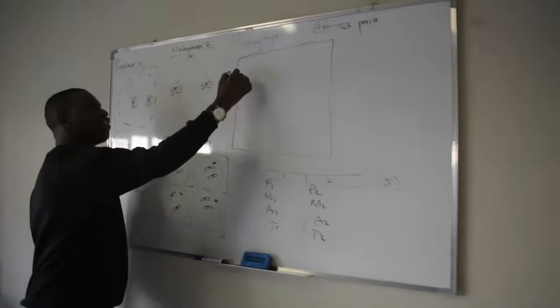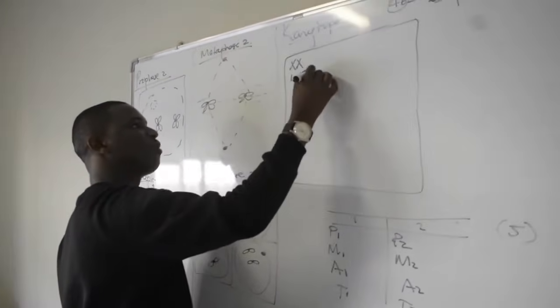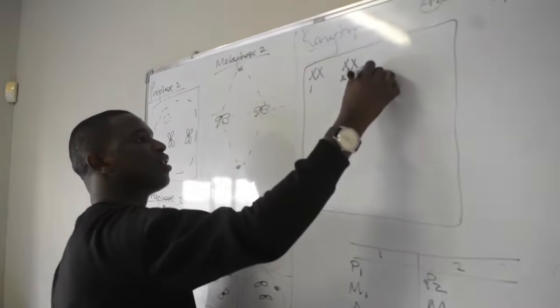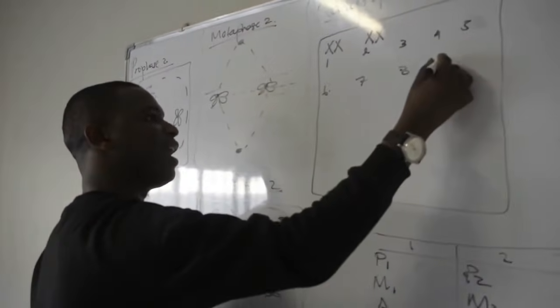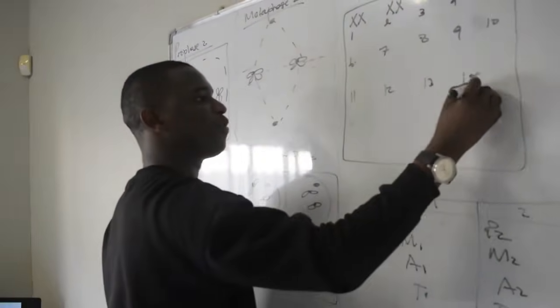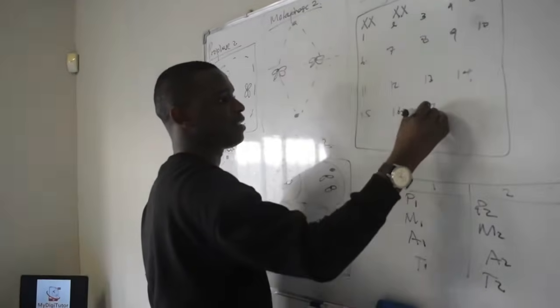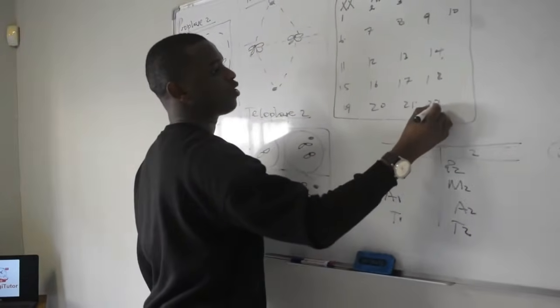So you're going to have pair number 1, 2, 3, 4, 5, 6, 7, 8, 9, 10, 11, 12, 13, 14, 15, 16, 17, 18, 19, 20, 21, 22, 23.